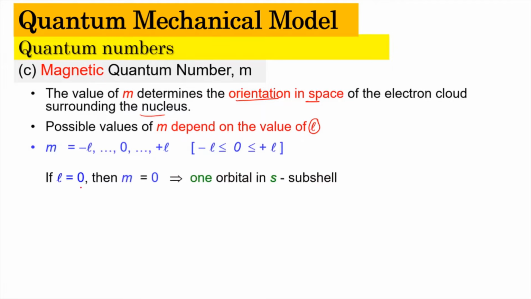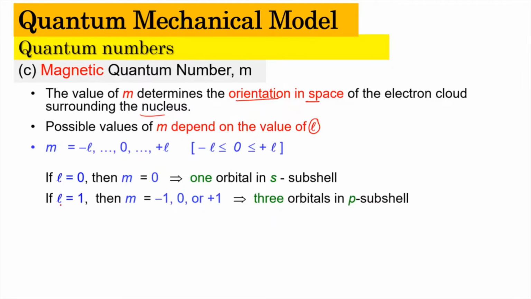So for example, if L equals 0, then m is equal to 0. Then if L is equal to 1, then m is equal to negative 1, 0, or plus 1. Because for L here, you substitute negative 1, and then you will reach 0, and then you have plus L, which is plus 1. So you get 3 values, and then you're going to have 3 orbitals in the p subshell.